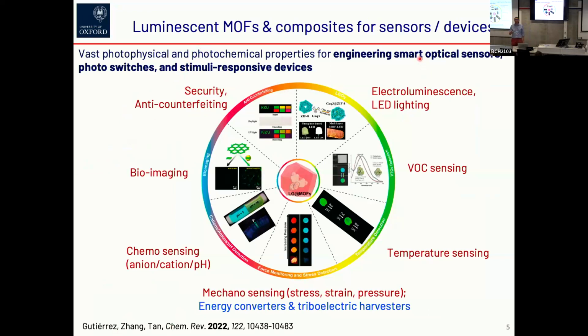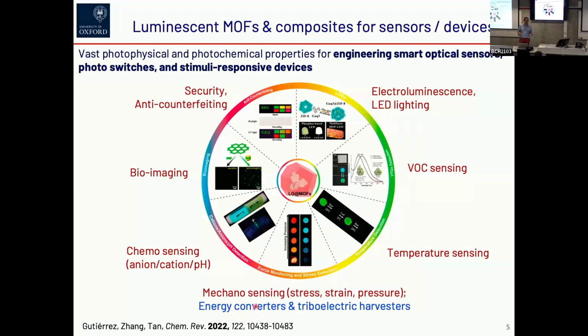So just to point out a few examples, electroluminescence is a possibility, so we show that this could be achieved. Sensing of volatile organics, so vapor sensing detection, using fluorescence method. Temperature sensing, reversible. Pressure sensing, I think extremely exciting. So mechanosensing of stress, strain, and some coupled interactions.